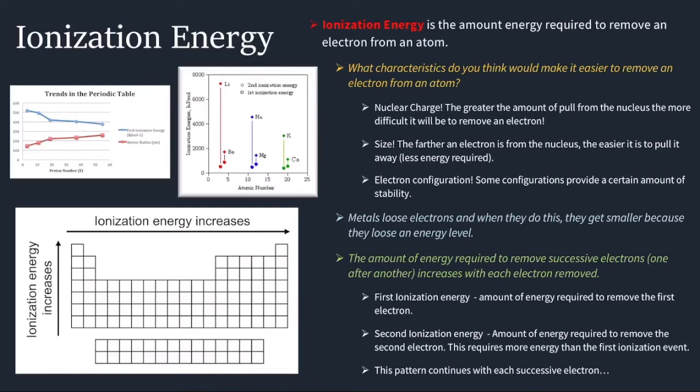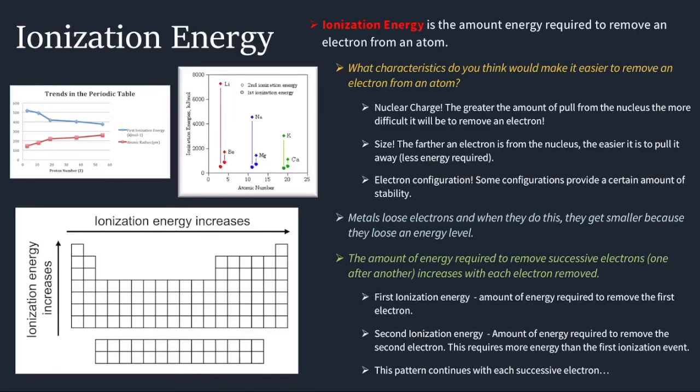The first ionization energy is the amount of energy required to remove the first electron from an atom. The second ionization energy is the amount of energy required to remove the second electron from an atom. And this pattern would continue as electrons are continuously removed from an atom.